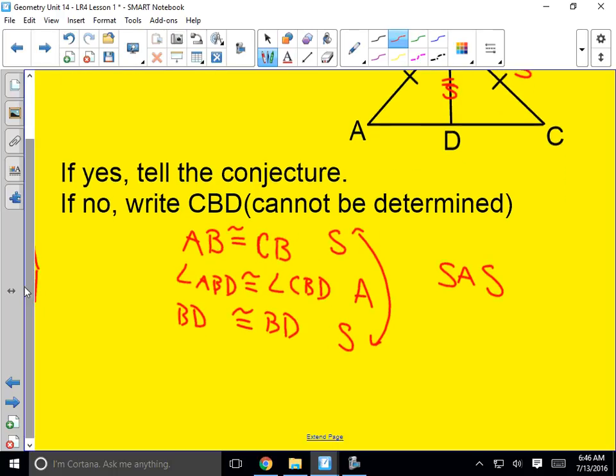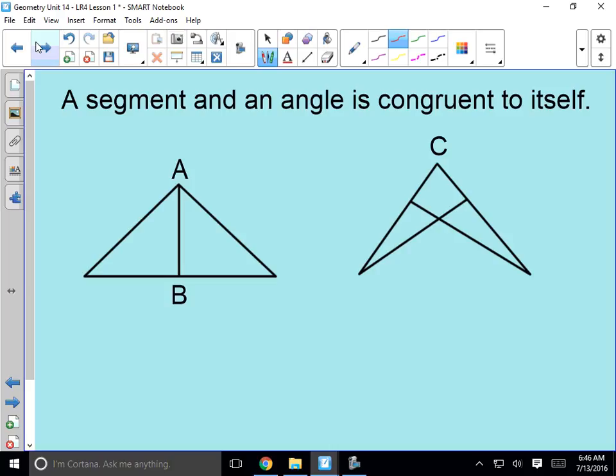One thing you can do is start listing the things that are congruent. This is something you're going to need later on in this unit. We don't need it right now, but it's a good thing to start working with. Now, the one piece that we're looking for is called the reflexive property.